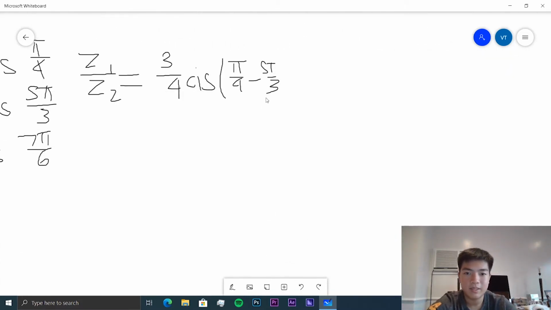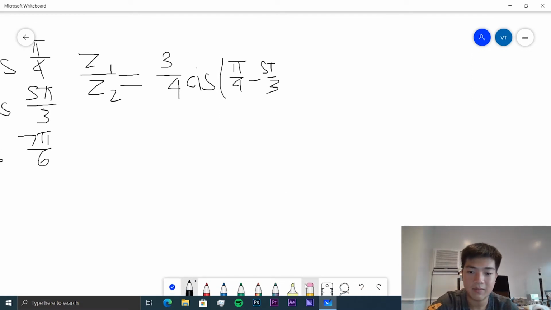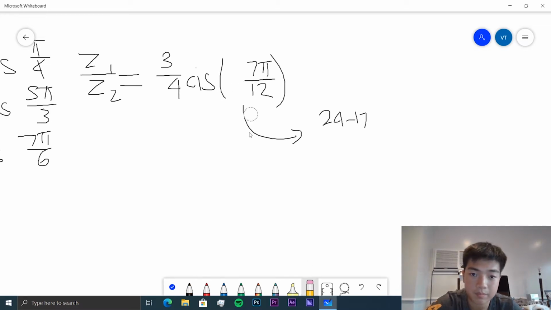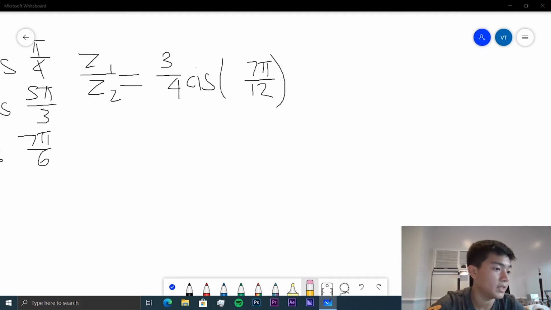This is going to be 3 minus 20, which is negative 17 pi over 12. We can also write this as 24 minus 17 is equal to 7, so this is 7 pi over 12. Nice.